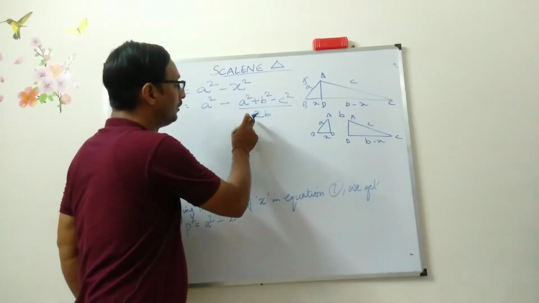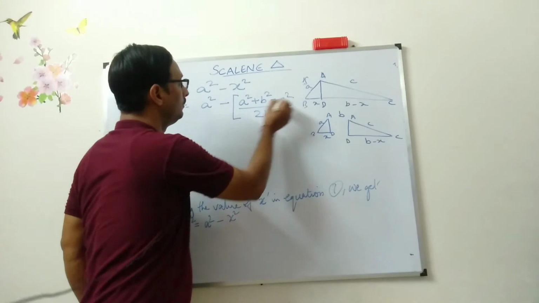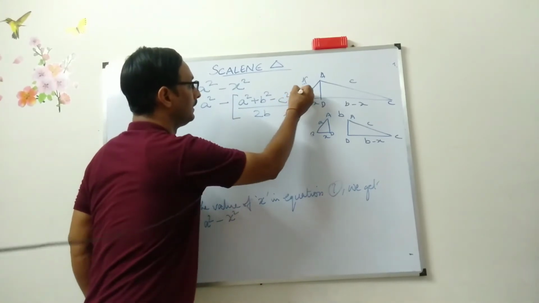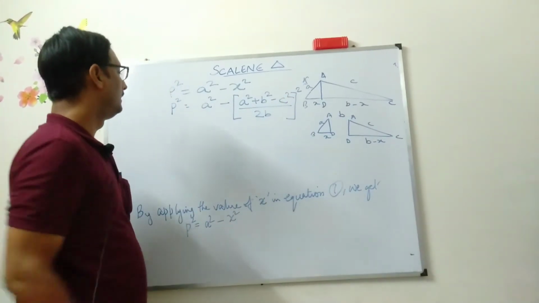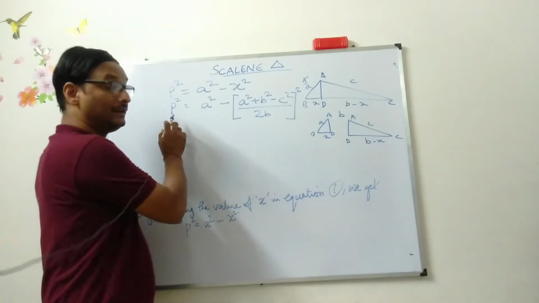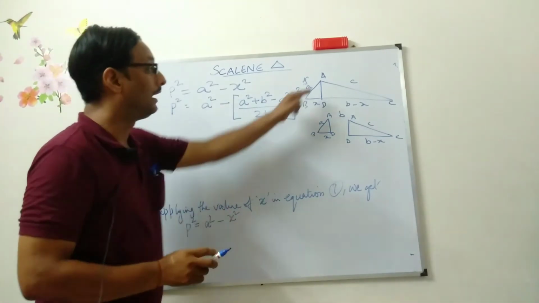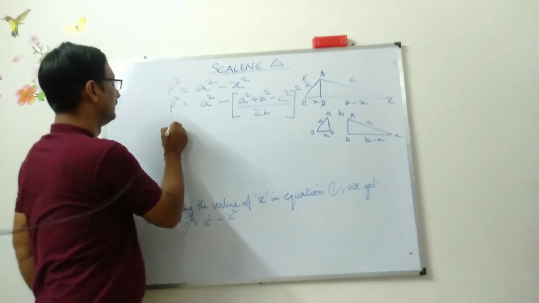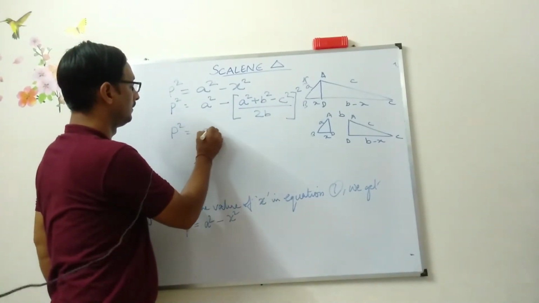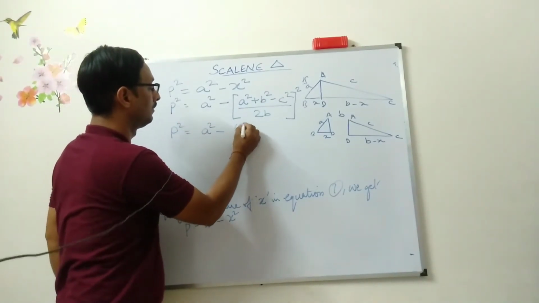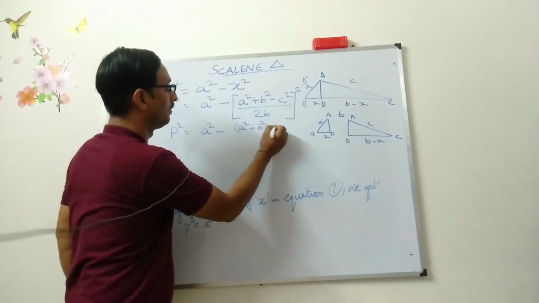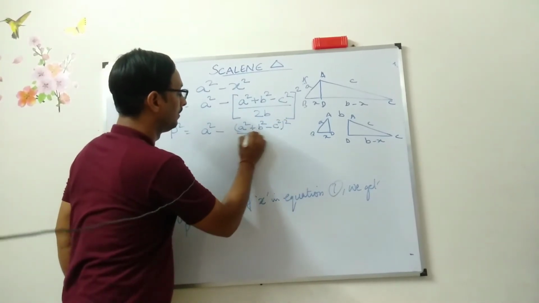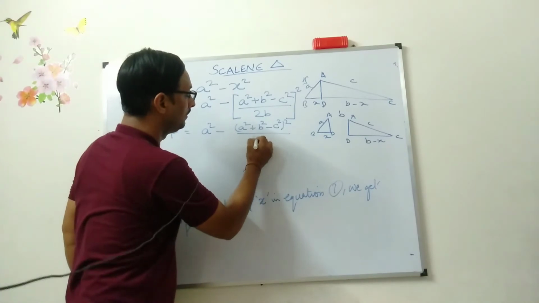After putting the value of x, you have to give a square on this. Now what will you get? I need to find out the perpendicular height of this one. Two twos are 4, b square.